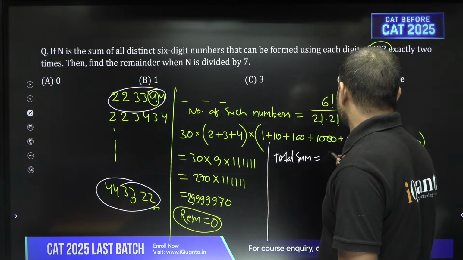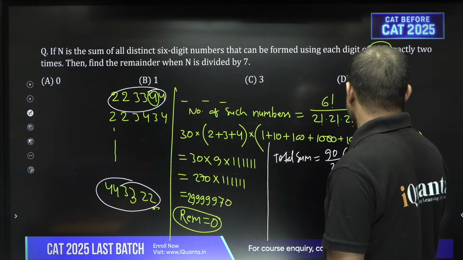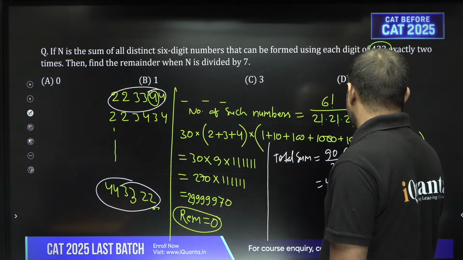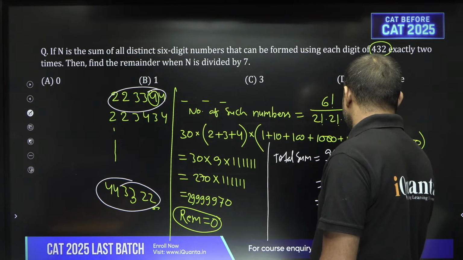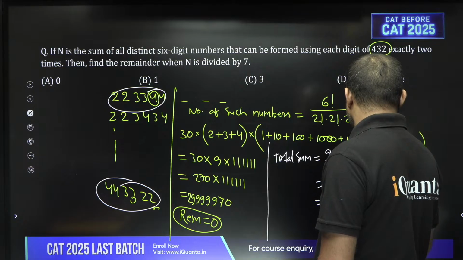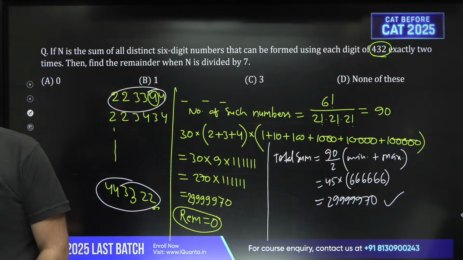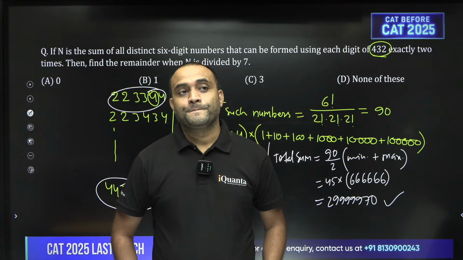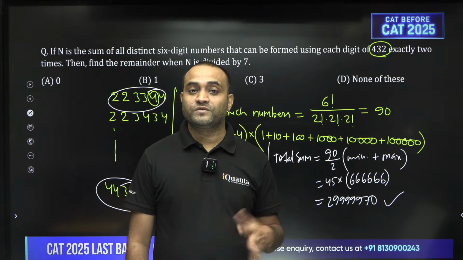sum is equal to total number of numbers by 2, take the minimum possible plus the maximum possible number, 45 into 666666, which is the same value, 299999970. This is a very good shortcut to find the total sum, if all the digits have been used an equal number of times.